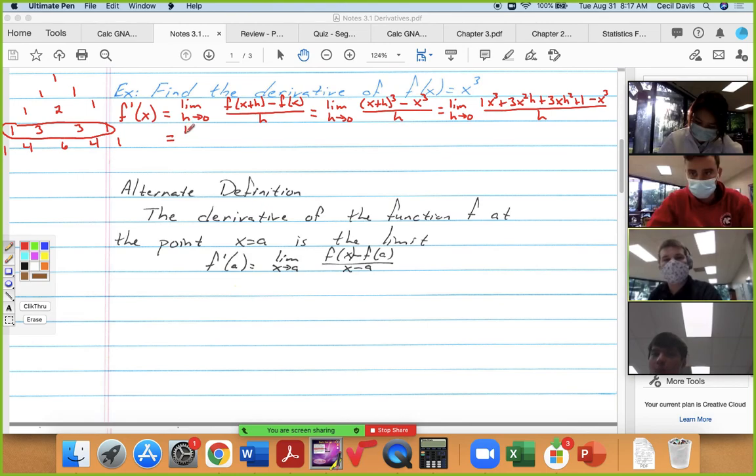So that's going to be equal to the limit as h goes to 0 of, notice the x cubes are going to subtract off. I'm going to be left with 3x squared h plus 3xh squared. Oh, hang on a second.